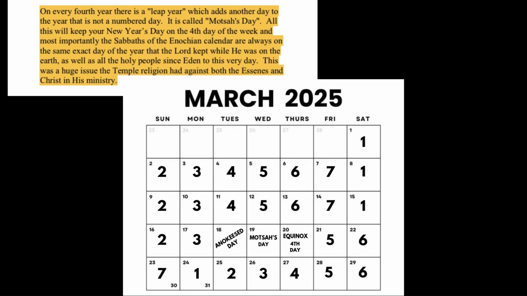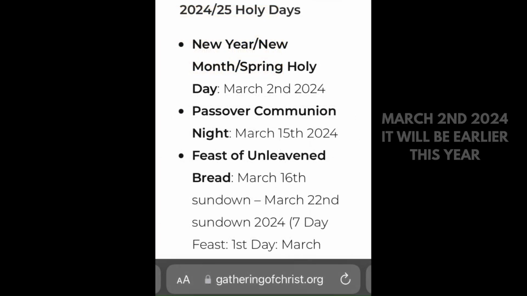So let's get to it. This is a page on their website. Look when their New Year begins this coming year. Look, March 2nd. Back when I was learning about the Enoch calendar, I remembered Elder Ricard speaking about how he got to his understanding about when the year starts.